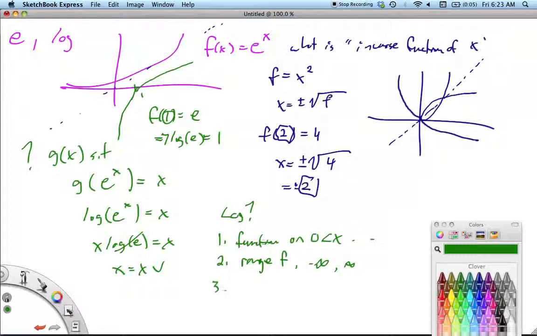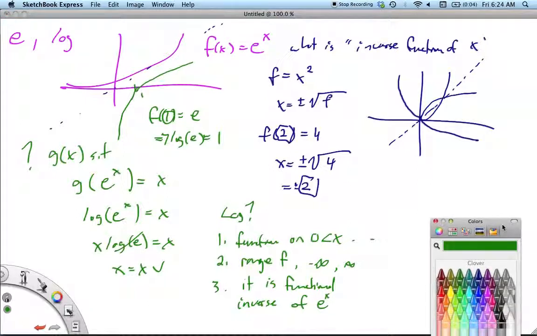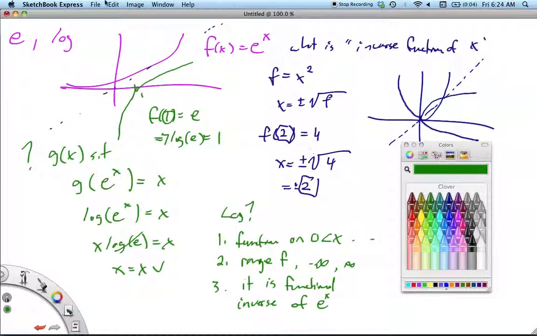And thirdly, we know it is the functional inverse of e to the x. Okay, so we're going to leave that there.